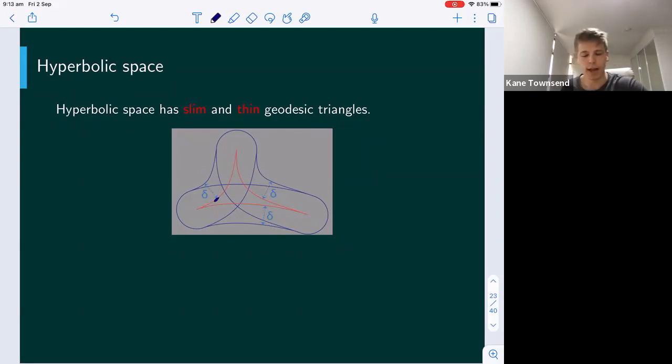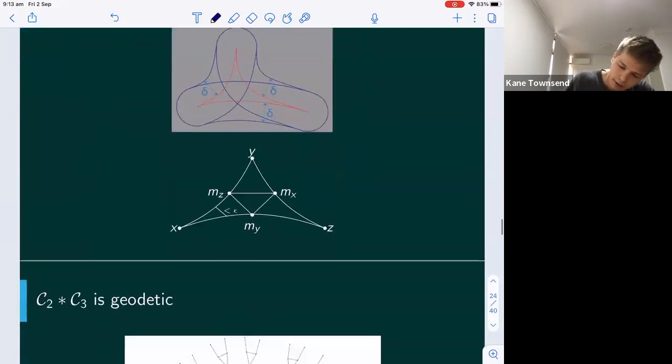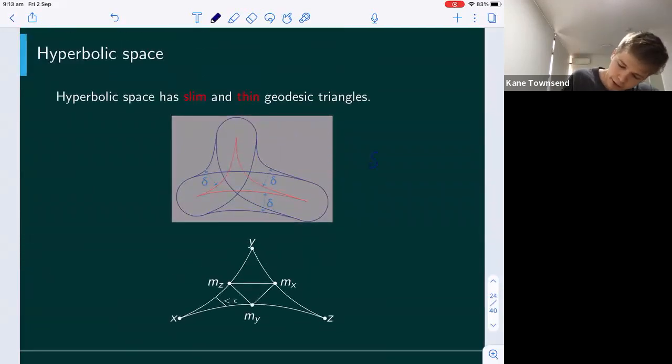So that's the more standard definition of hyperbolic space. But there's the thin triangle. So this means delta slim.